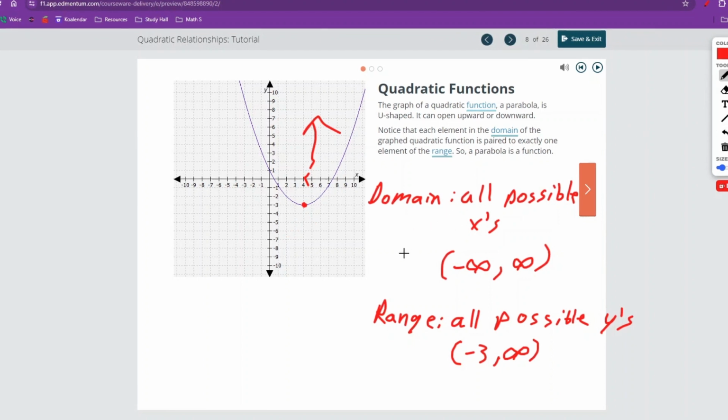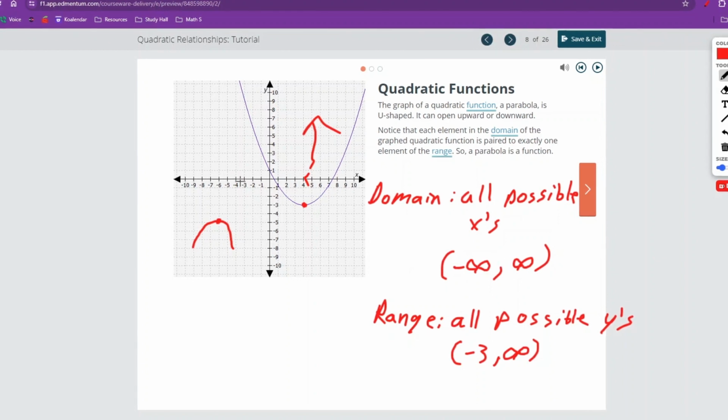But what this points out is that this parabola and all parabolas will have some limit as far as where they peak or where the minimum is. So if it were this case, the y would have a maximum of -5 because it starts at -5 and then continues downward. So the domain should be all possible x's, all possible inputs, -infinity to infinity.